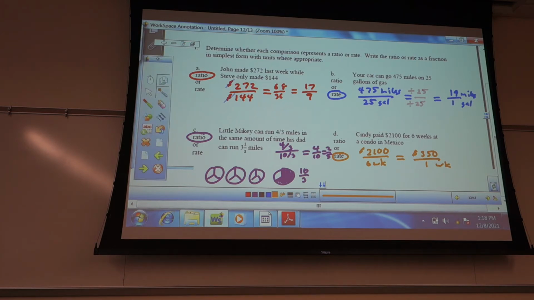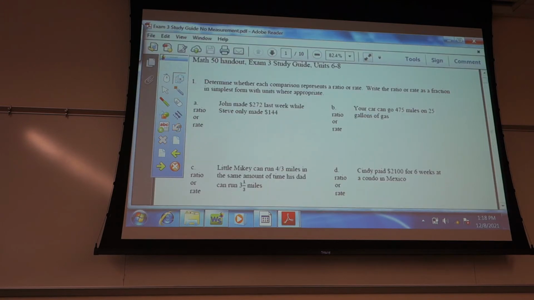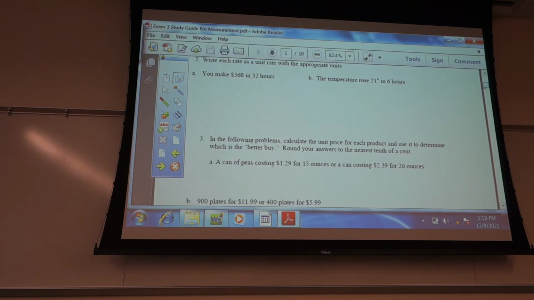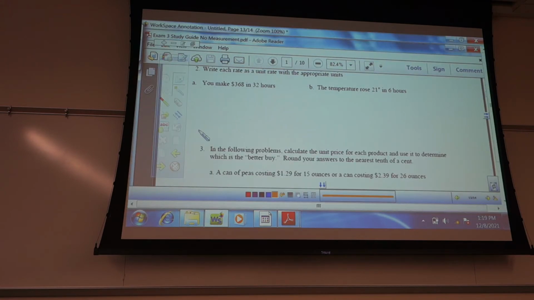Okay, good. All right, so, unit rates, remember, unit rates are just where your denominator is one no matter what. So we just take it and we just divide. So, for example, $368.32, the unit rate, we can have decimals, because it's amount per whatever.